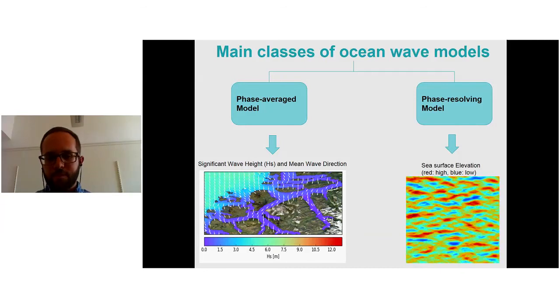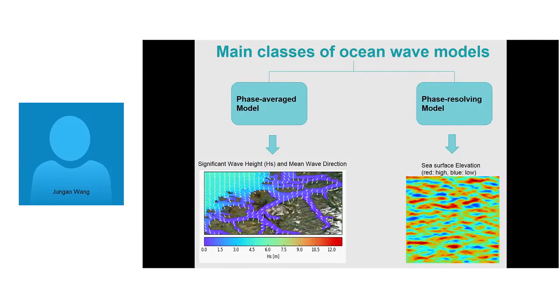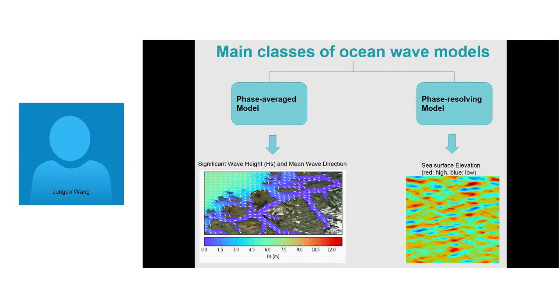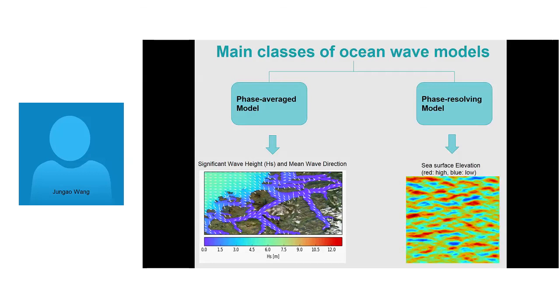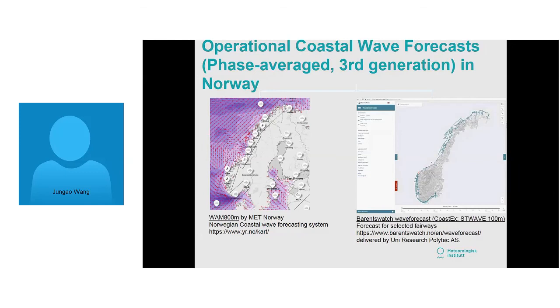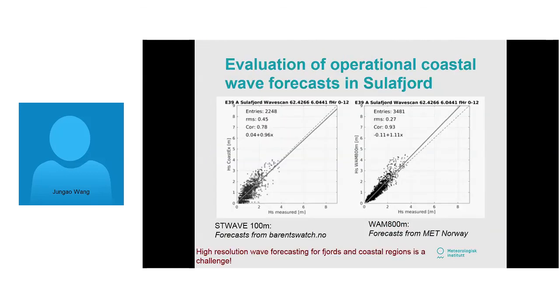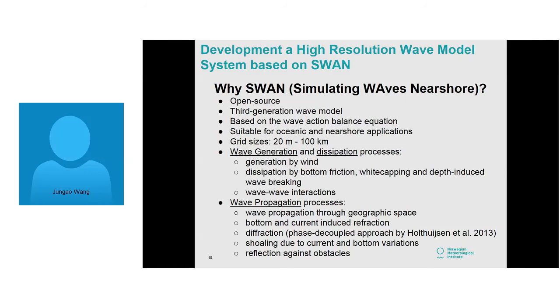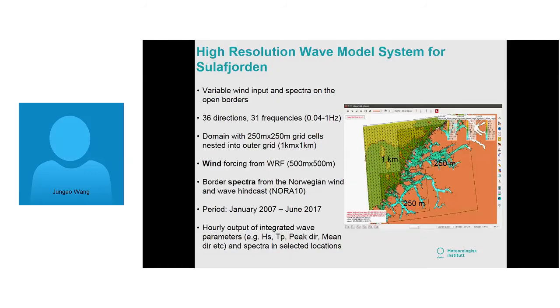Yeah, and also I see that in one of the slides you show the input for SWAN. You mentioned 36 directions and 31 frequencies, right? What do you mean by 36 directions? Is that the resolution, like a circle has been divided into, so it's 10 degrees resolution in direction? Yeah, exactly. Do you think it's enough?